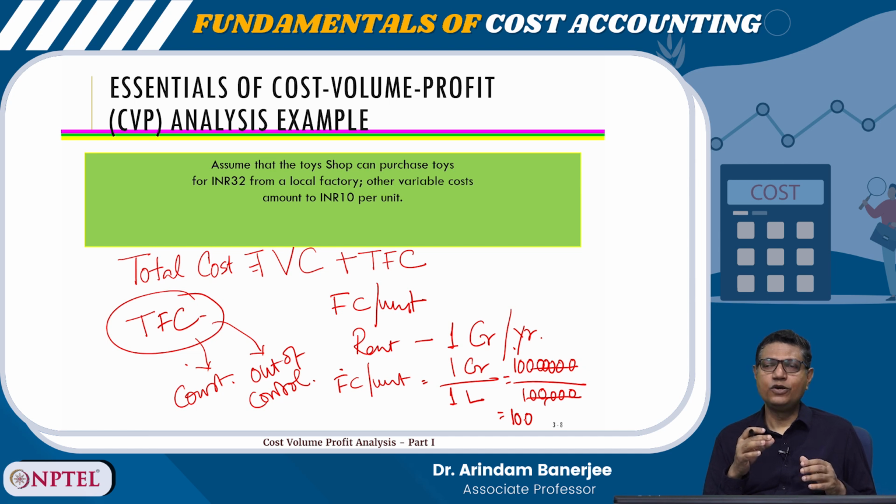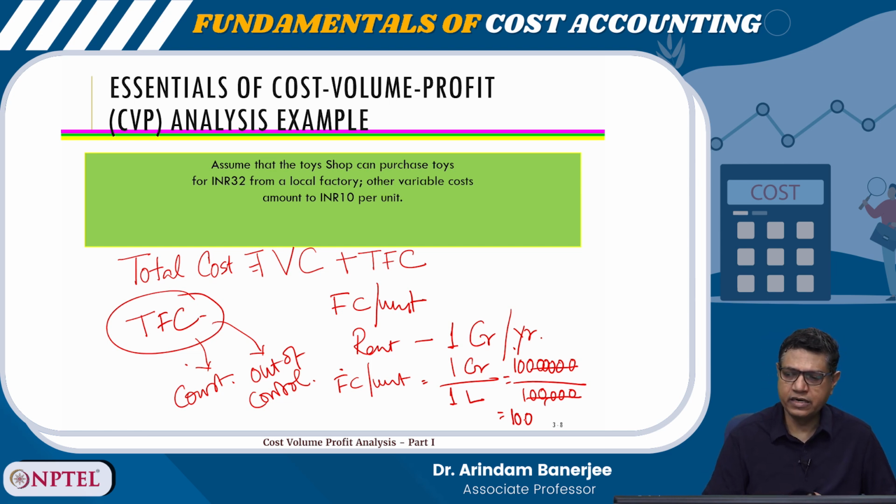Okay, fine. Because this variable cost is under control and total fixed cost we cannot control. So, this is the way we can understand how the cost behaves, right. We will show it later on in a graph, how we can calculate the break even point depending upon the level of variable cost and level of fixed cost in the total cost structure.